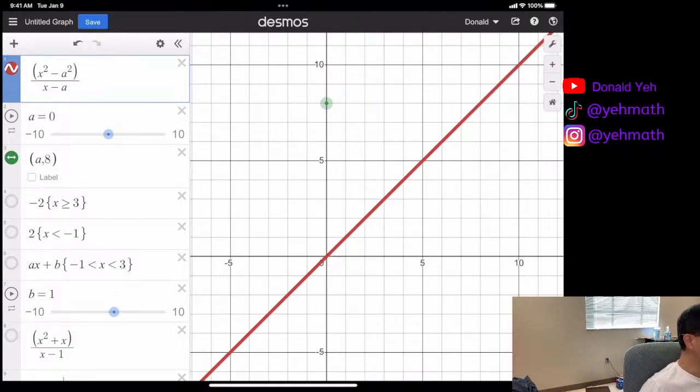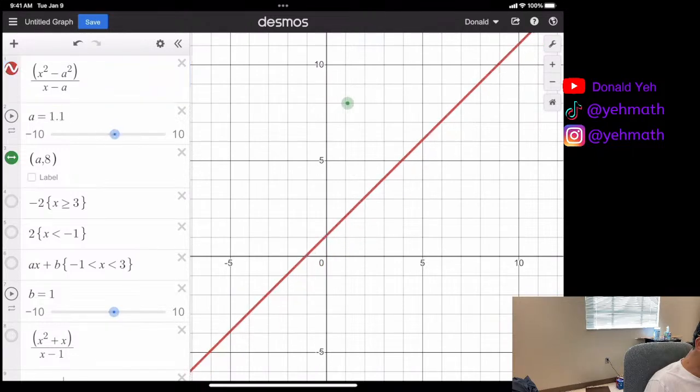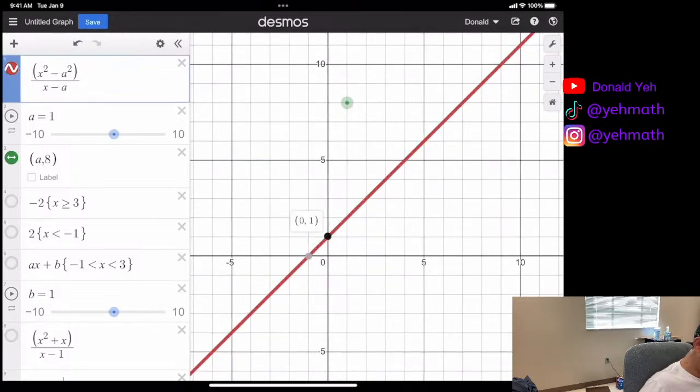There's a hole at 0. If I move it a bit, if I move to 1, where's the hole at? It's no longer at 0 because here it's filled in already. So your hole shifted right by one. It's not on the graph. It looks continuous, but it's not continuous.